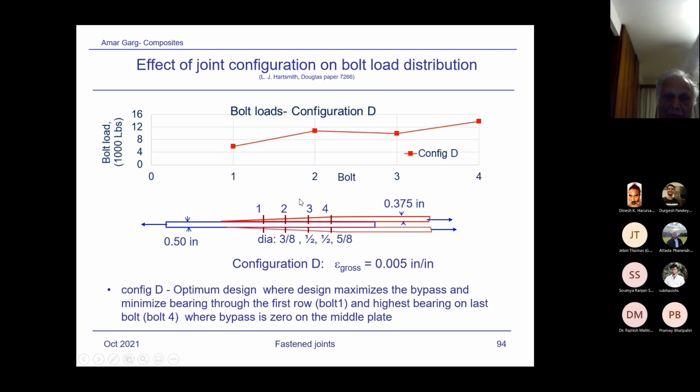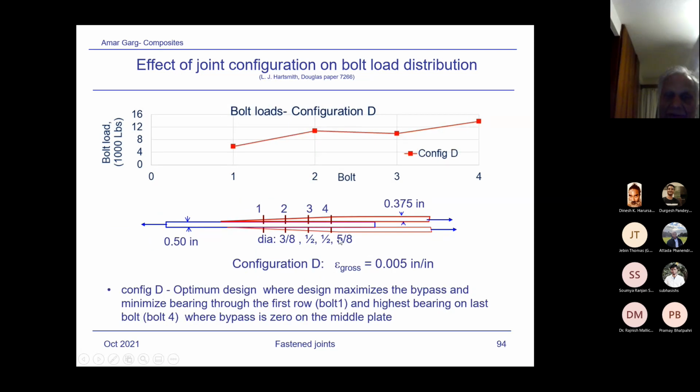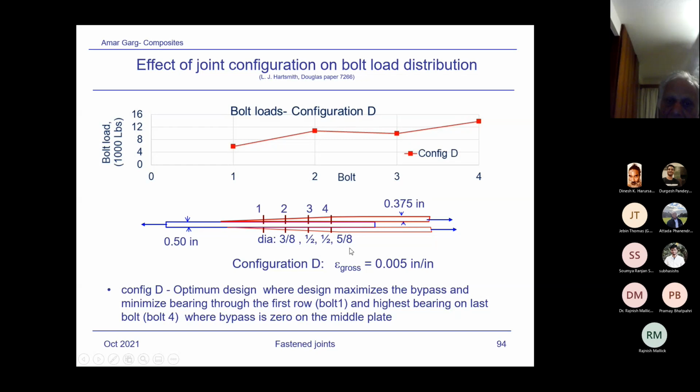Another one, configuration D, where you are tapering, but the fastener diameters are different here. In the previous case, fastener diameters are the same. In this case, fastener diameters are different. So the large fastener diameter will pick up more load.